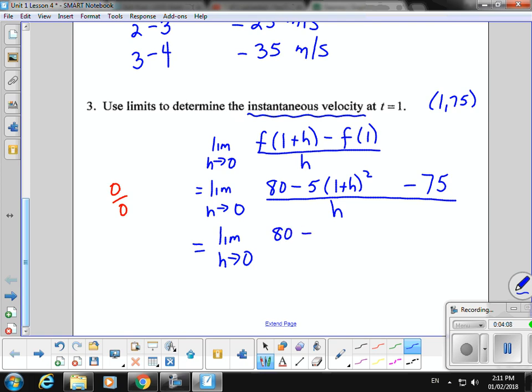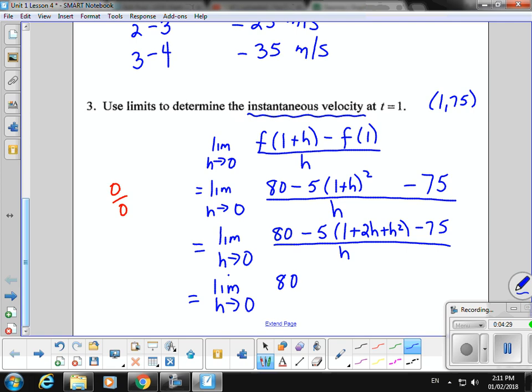So I've got 80 subtract 5 times, and I'm going to expand (1 plus h) squared, which would be 1, outside inside would be 2h plus h squared, subtract 75. And I'm sorry, I was doing multiple steps yesterday and confusing some. We have 80, subtract 5, subtract 10h, subtract 5h squared, subtract 75, over h.